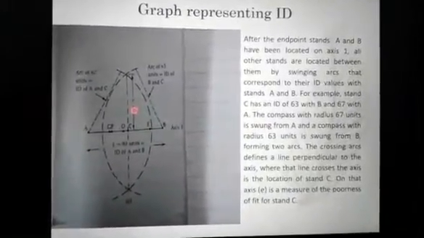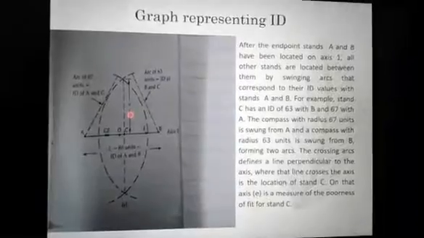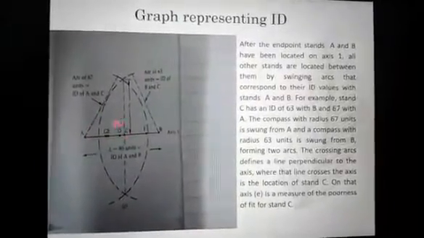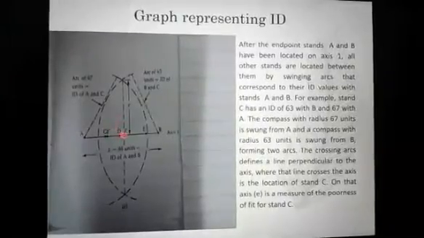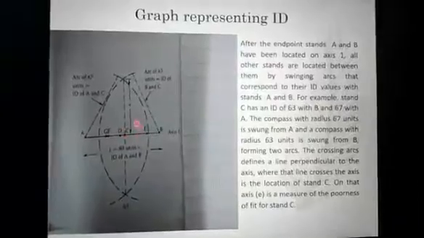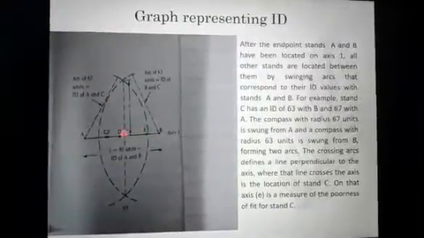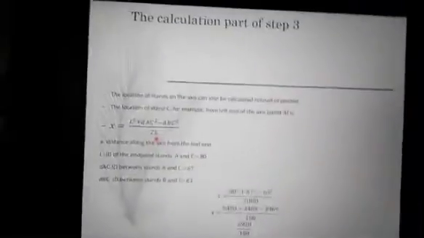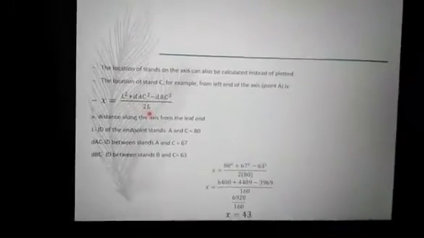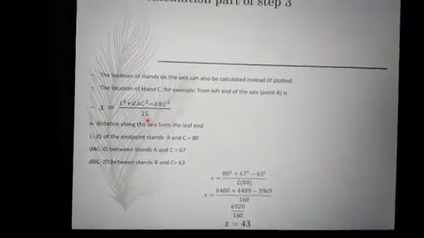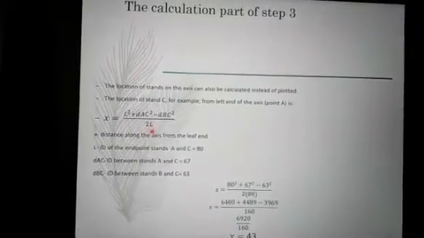So here we used graphs to locate stand C. But we can also avoid using the graphs and do it using calculations. The calculation part of step 3, the location of stands on the axis, can also be calculated instead of being plotted.